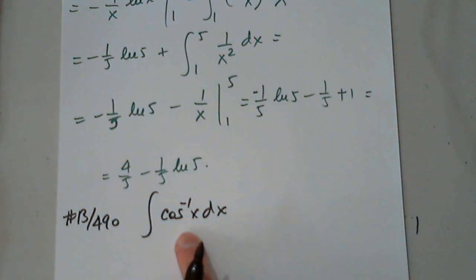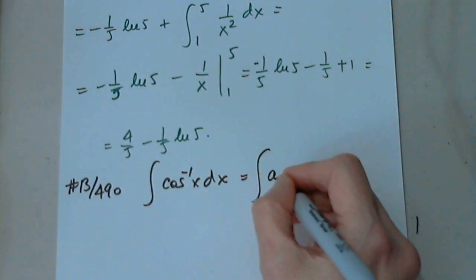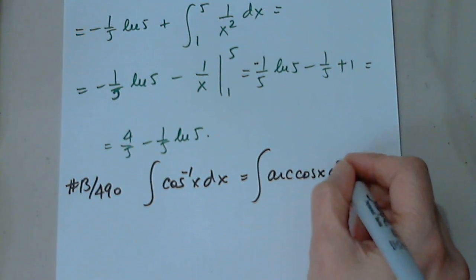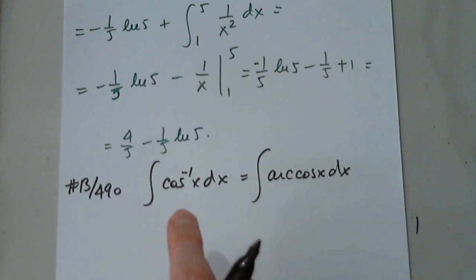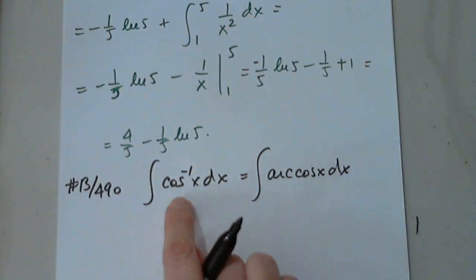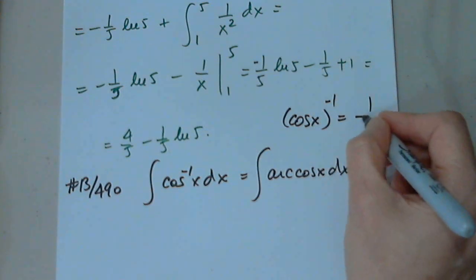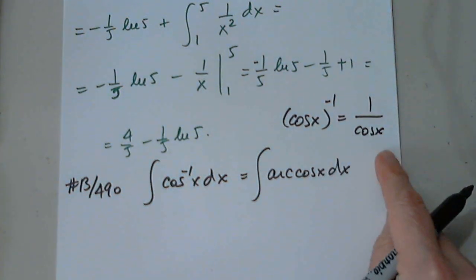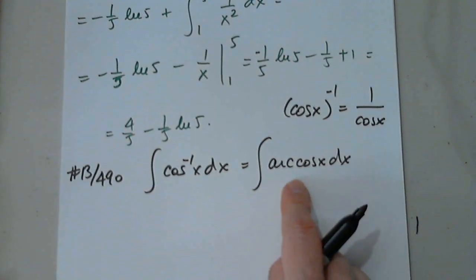Be careful, this is not 1 over cosine. I always prefer this notation because this is not confusing. This could be confusing, okay? But it's not confusing because it should be this in order to represent 1 over cosine x. This is the inverse function, which is arc cosine.